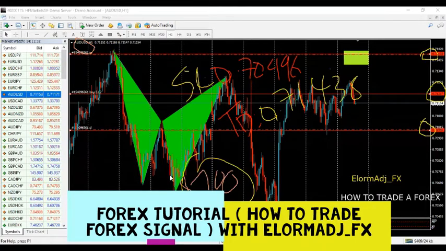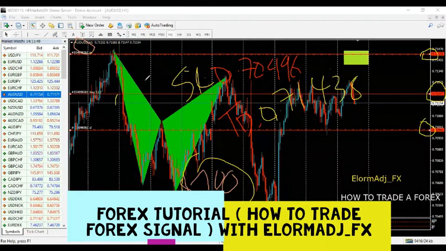The stop loss is 0.70996. So the number of pips here is 21 pips. We do the same thing for the take profit.